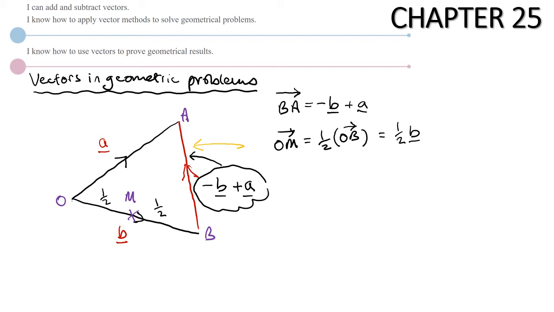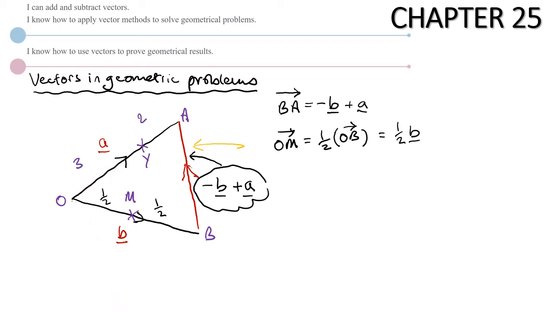Let's say I had another point here, and let's call this point Y. And let's say that the ratio of these two bits was 2 parts to 3 parts.